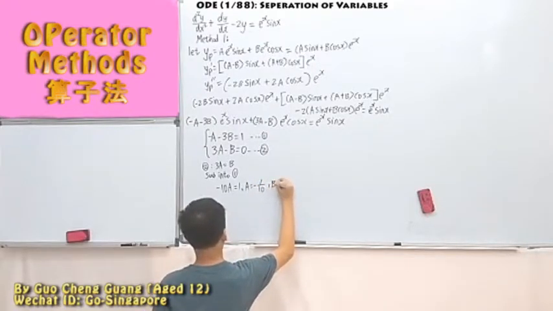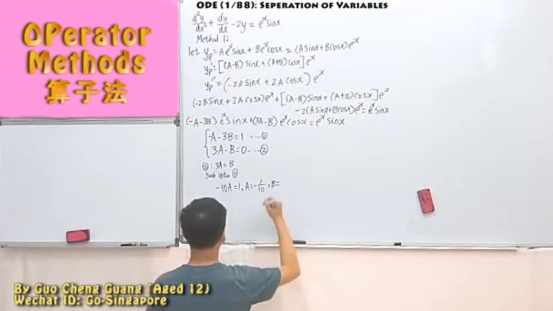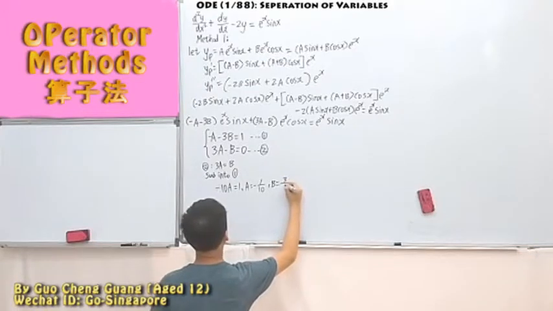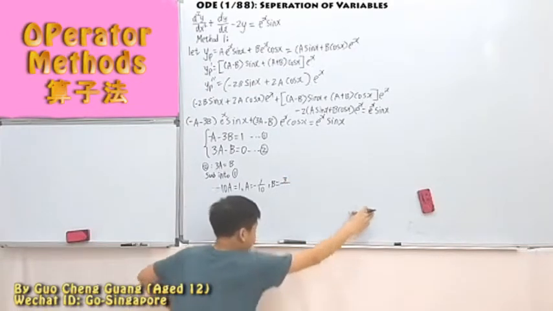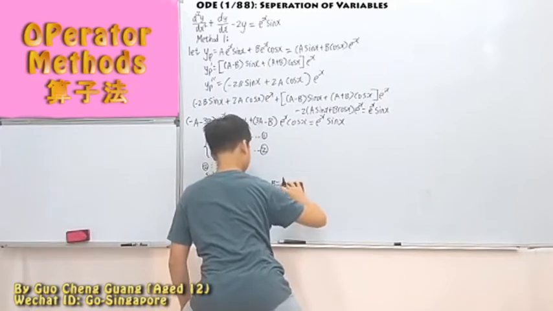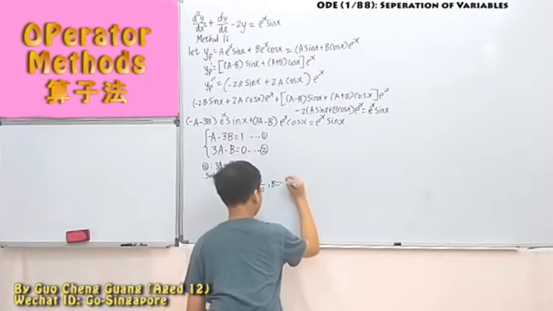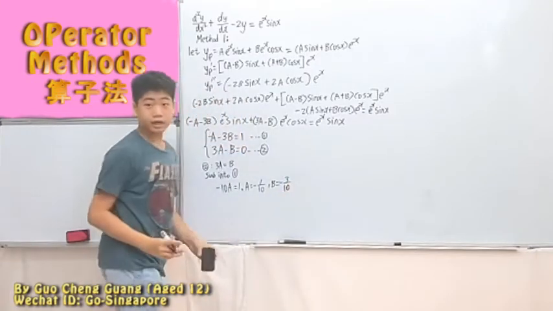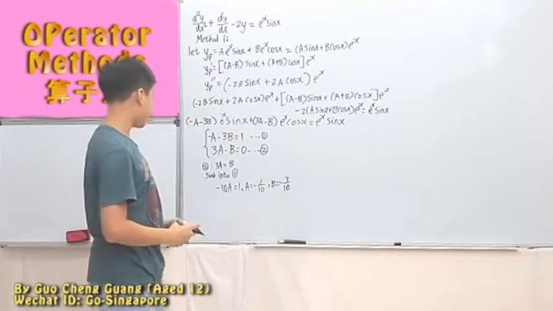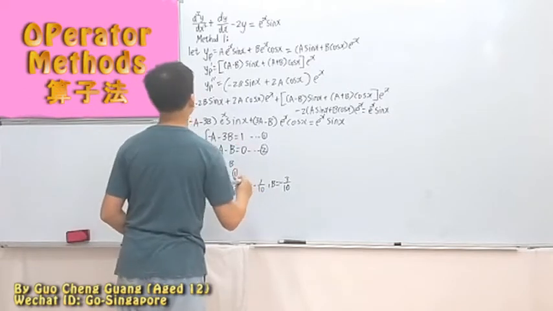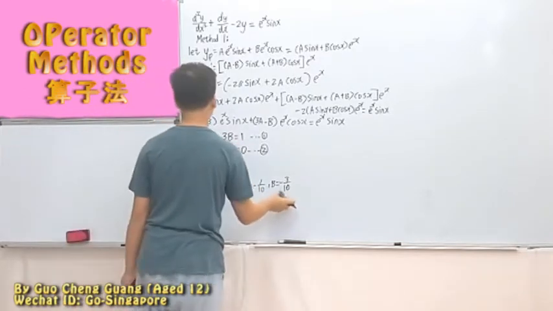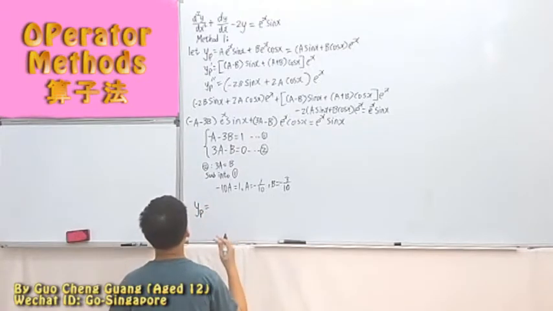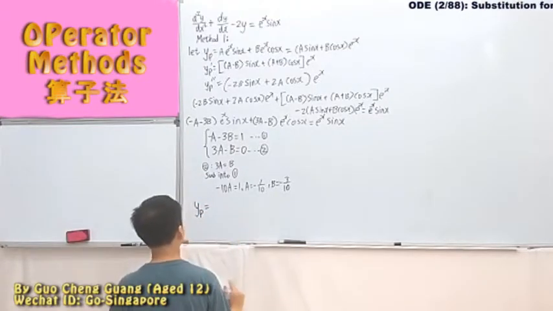So then b at this part will be negative 3 over 10. So then after that, when you have these, you put them inside here, then you get the particular solution for y.